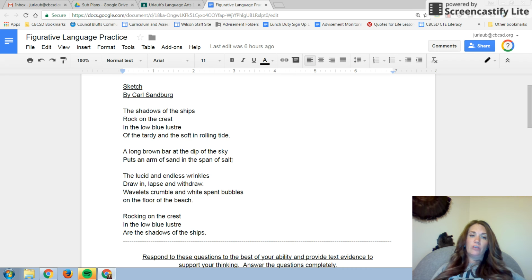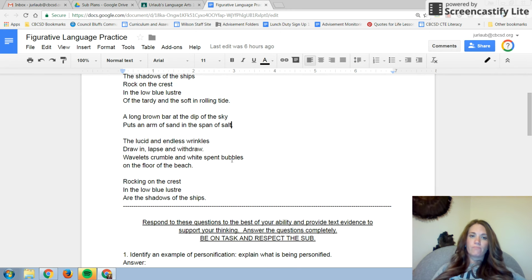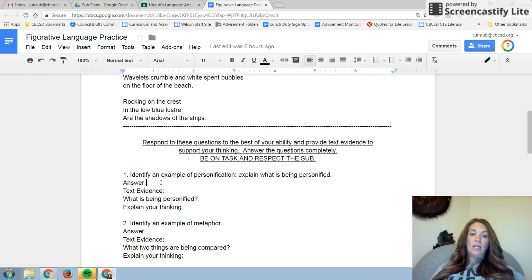Well, can you really put an arm of sand in the span of salt? No. So you're giving an inanimate object human-like qualities. Okay. So we're going to go down here, and we would explain that that line is an example of personification.